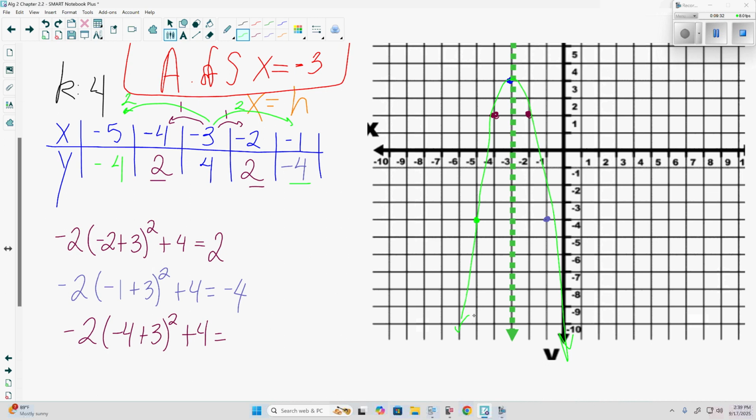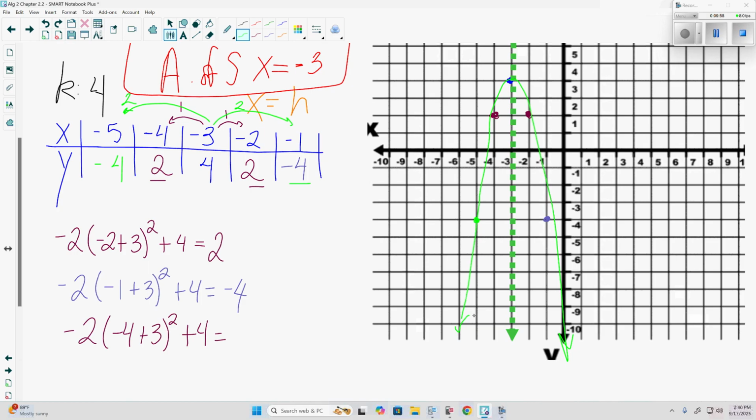And the reason this works is because we have that axis of symmetry with parabolas. That axis of symmetry cuts the parabola in half, and points are going to be equidistant from each other. So since we went 1 unit to the left, that point is also going to be in a similar spot to 1 unit on the right. They will have the same y value.